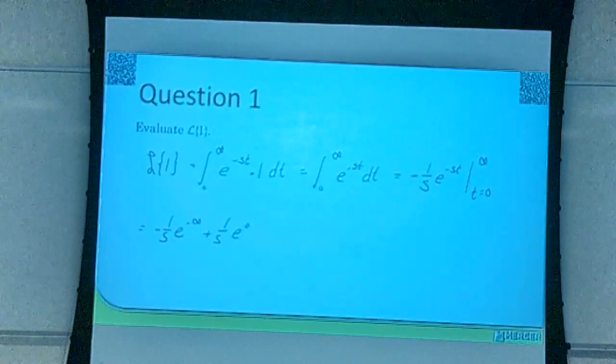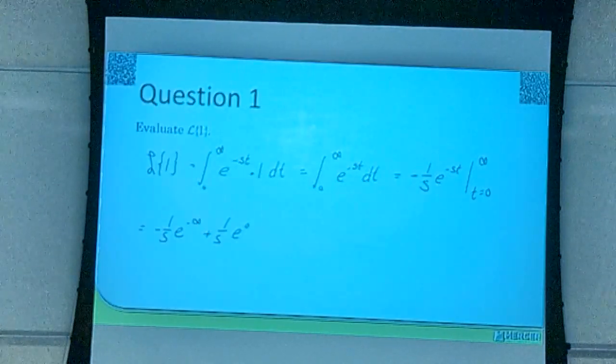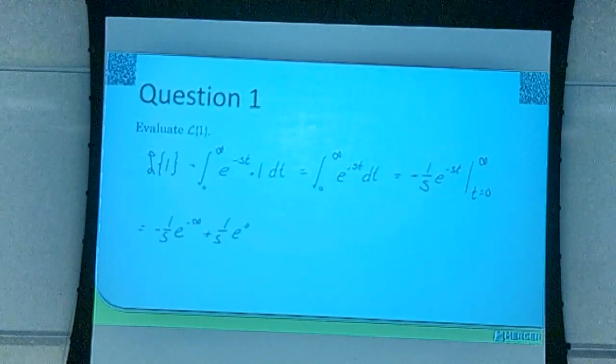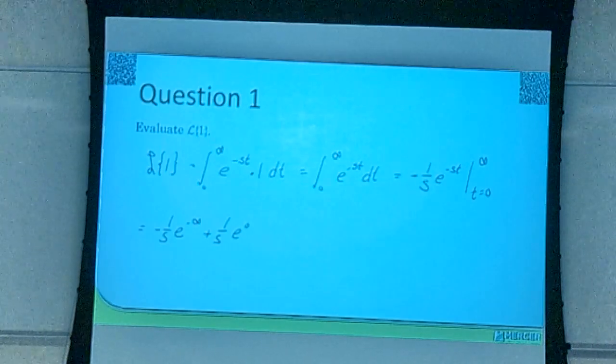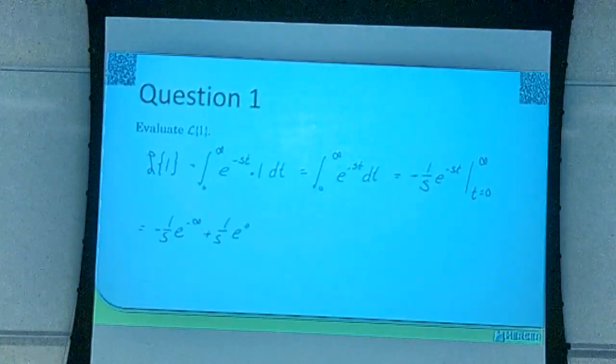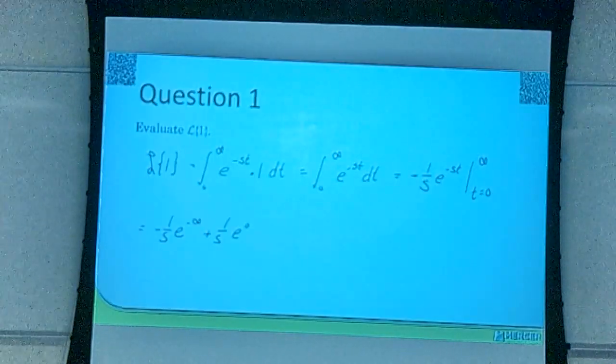Negative 1 over s e to the minus infinity plus 1 over s e to the 0. What's e to the 0? One. What's e to the minus infinity? Remember, that's an implied limit.